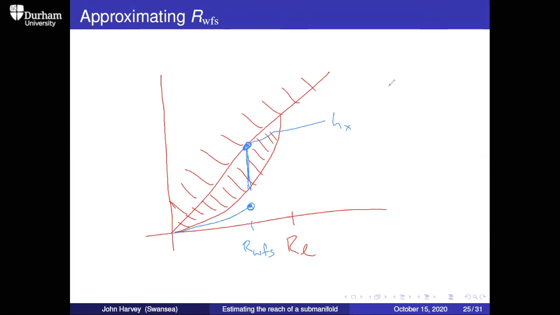So in other words, if you have the weak feature size being less than the local reach, as it is here, you cannot have the phenomenon I drew for you of the graph of h getting close to the diagonal and dawdling and slowly making its way to the intersection.